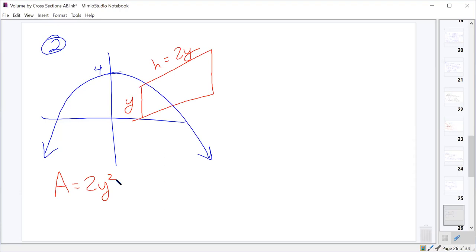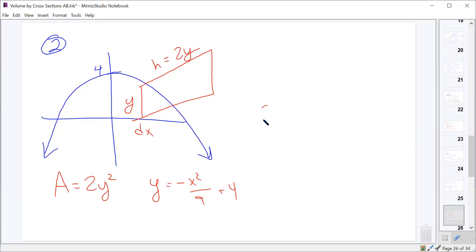But because the thickness of these are in terms of x, dx, we need to write this in terms of x. And so now I forgot what it was. Y equals negative x squared over 9 plus 4, I think. All right. Yeah. So we'll just replace the y with negative x squared over 9 plus 4.